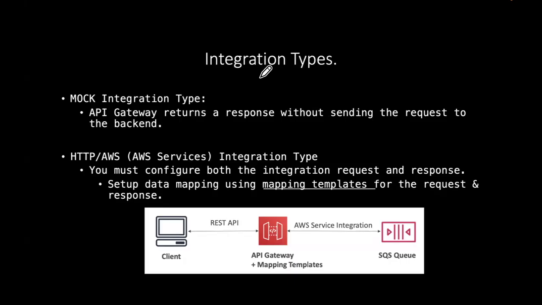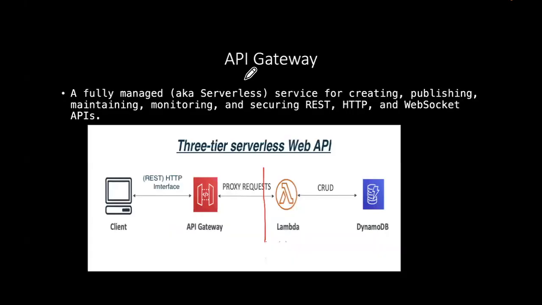The heading is integration types. By integration types, I'm talking about the integration between the API Gateway service and what's at the back end. And there can be anything at the back end. If I go back to this slide here, there are more options than just having Lambda as the back end.